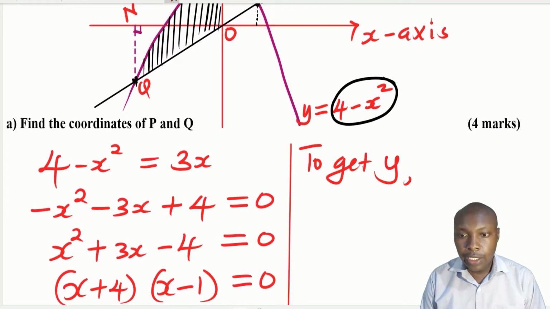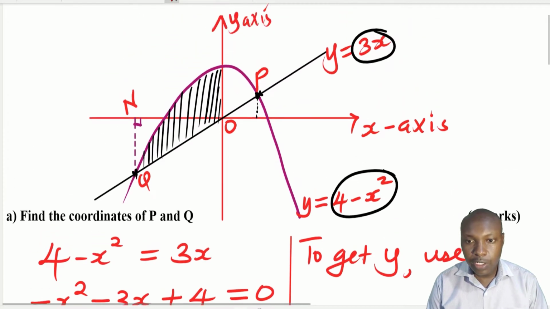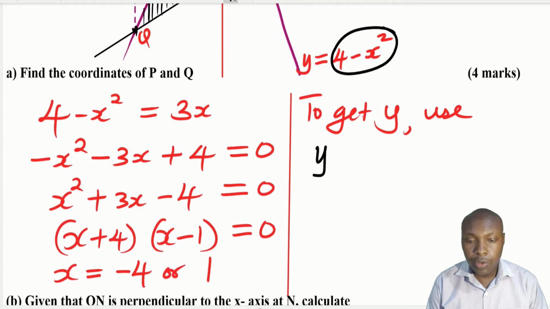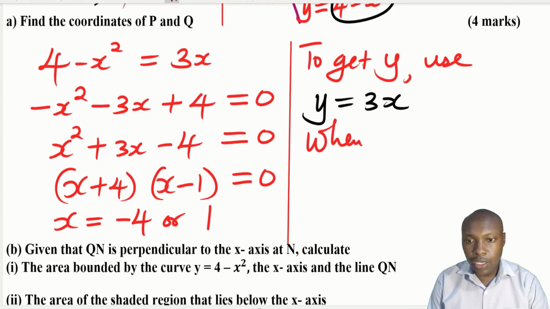Now, to get the y values, remember the coordinates are supposed to be given in terms of x and y. So we only have the x. We need to get the corresponding y values for each of those points. We shall use either of the equations. We can decide to use y = 3x, or the other equation, y = 4 - x².